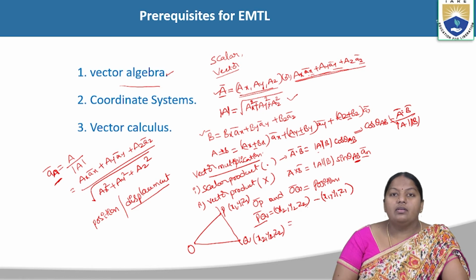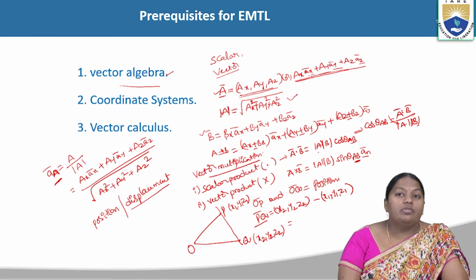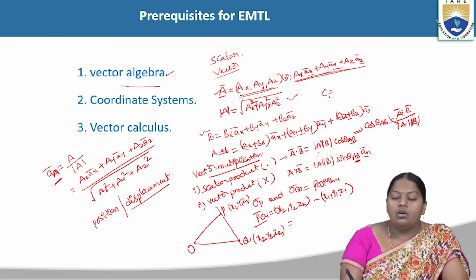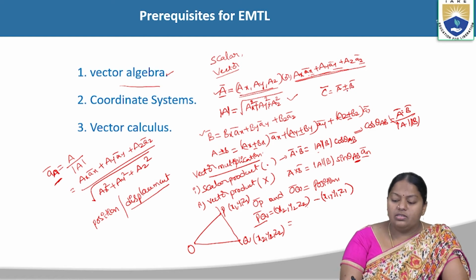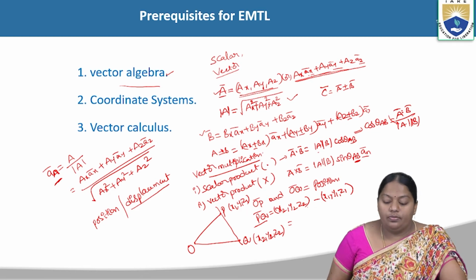Then, instead of one vector A, if we have two vectors A and B, in order to perform addition and subtraction between them, the resultant vector is given by C bar is equal to A bar plus or minus B bar. Addition is represented with plus and subtraction with minus.